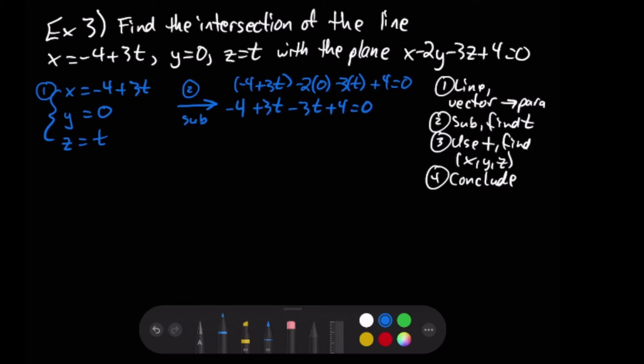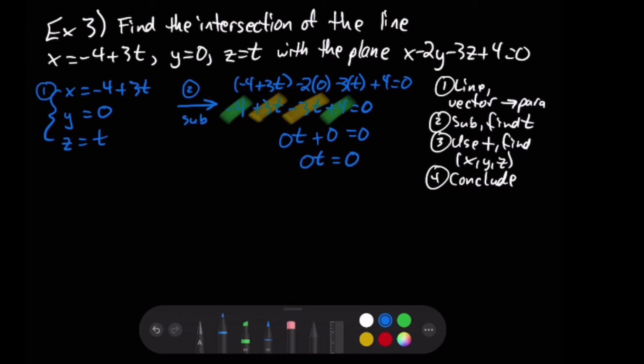This is looking interesting. Collecting like terms, 3t minus 3t is 0t, and negative 4 plus 4 is 0. So we're going to have 0t equals 0.